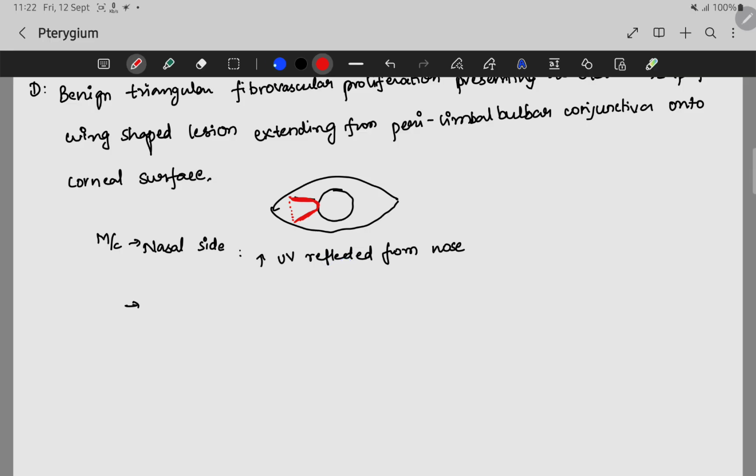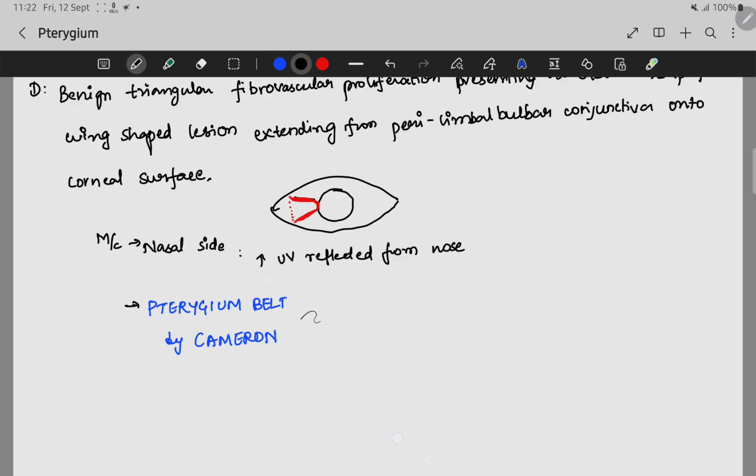So this is most commonly found in the pterygium belt. There is a pterygium belt described by Cameron.